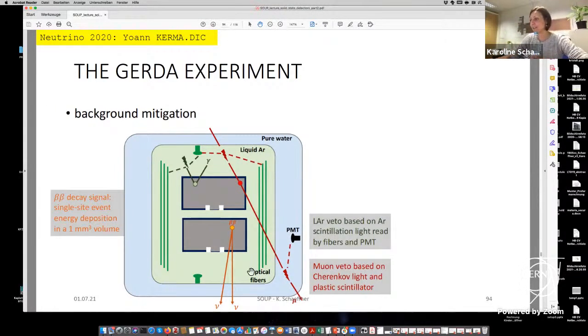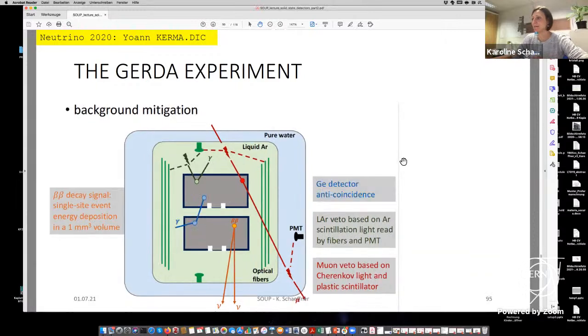Then, this liquid argon veto also is helpful for gammas, because of course you can always discriminate using the light from the argon. Then, if you have a gamma which makes an interaction in one crystal and then goes further to the next one, you get what is a multi-site event.